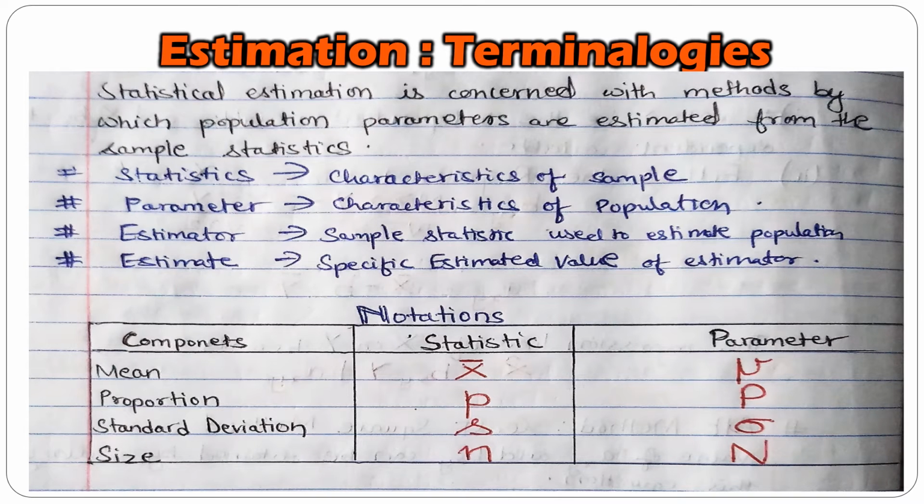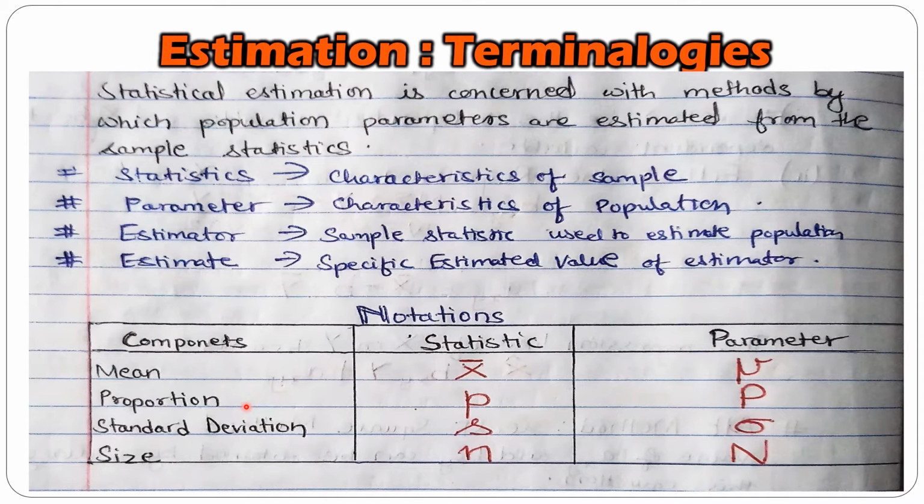So here we have notations for mean, proportion, standard deviation, and size for statistics and parameter. For mean, we have x bar as the notation for the statistic mean, and mu as the notation for the parameter mean.